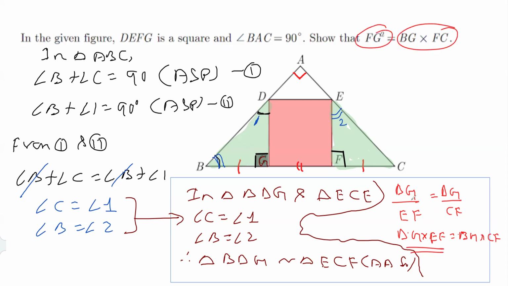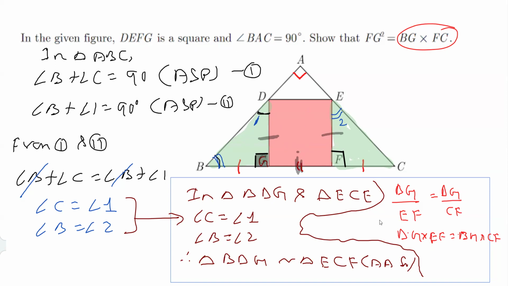We need FG square. Now what you can observe here is that this is a square, and in a square all sides are equal. So I can replace this DG with FG, because this is a square where all sides are equal.